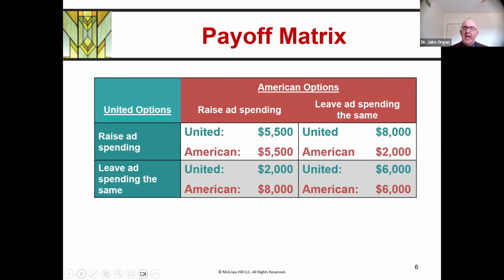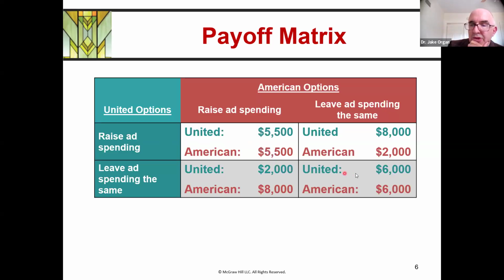But you can see that each square, or cell, of the matrix is a different payoff. So let's say if United raise ad spending and American raise ad spending, that's the profit that they'll be making, 5,500.